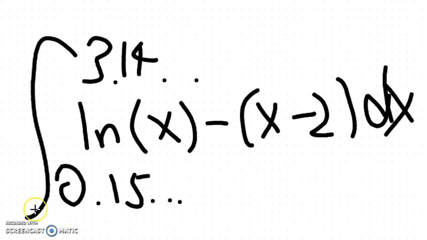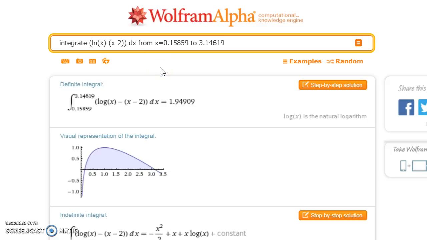And this is pretty simple to do with a graphing calculator. All you have to do is go to your integral button, the definite integral, plug in your bounds, and then plug in ln x minus (x minus 2) dx, and you should get the answer. And right here on Wolfram Alpha, we can see the answer is 1.949.